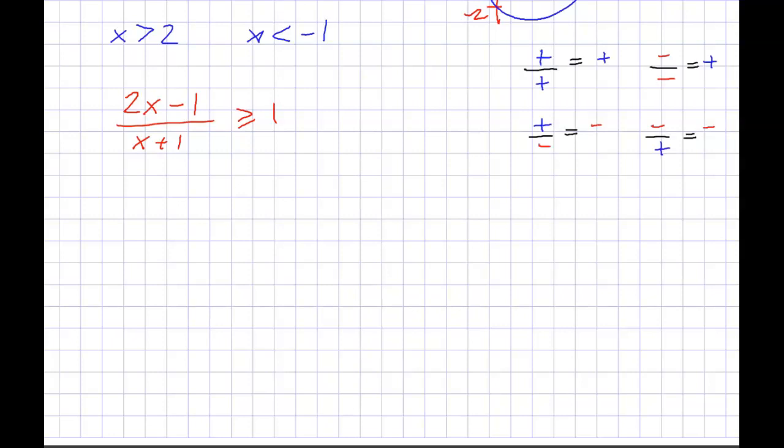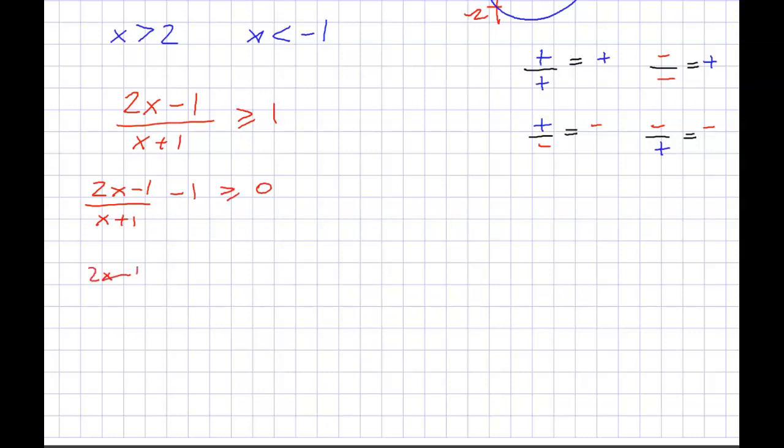And we can use those ideas here, especially if we rearrange this inequality slightly so that it has 0 on the other side. So I'm going to take away 1 from both sides, and I want to make a single fraction, a single denominator.